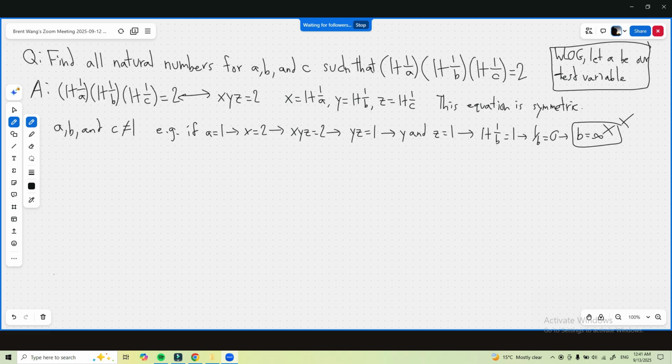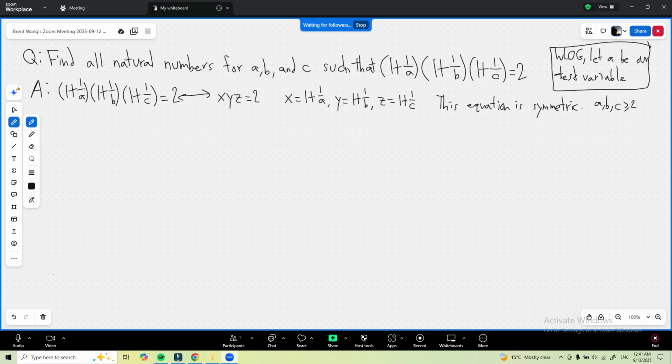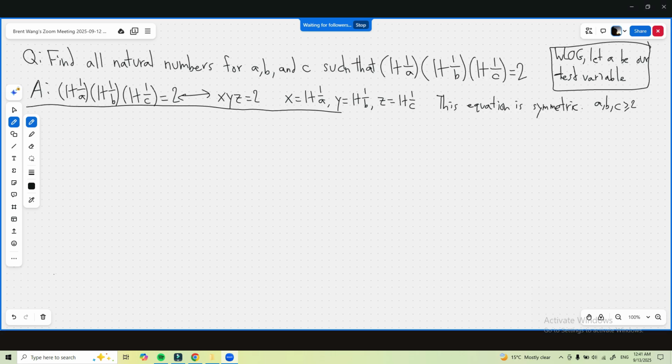So as a result, A, B, and C have to have a minimum value of 2. So the best way to solve this problem is really to just guess and test. You use A as your test variable, you start at the lowest possible value, and then you work your way up until you run out of answers.